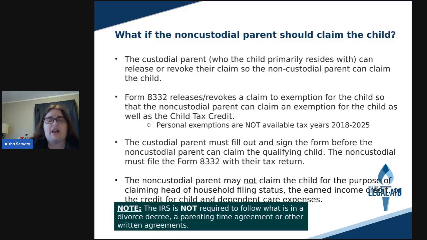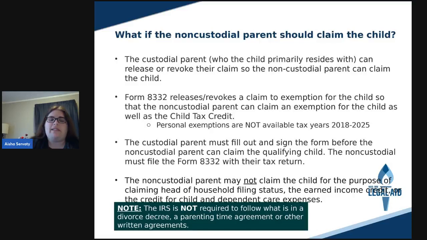And then the non-custodial parent files that form with their tax return. And so that allows the non-custodial parent to claim the child for purposes of the child tax credit, as well as any exemptions, which are available on a state level, but not currently at a federal level through 2025 due to the Tax Cuts and Jobs Act.